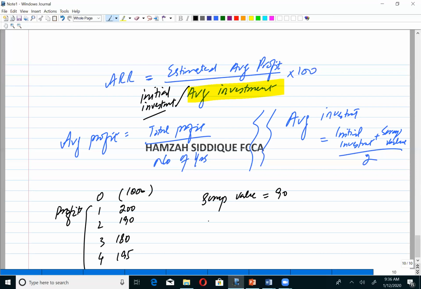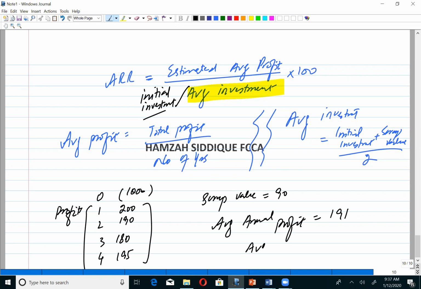Now, students, we will calculate the average annual profit. The sum of all divided by 4 is 191.